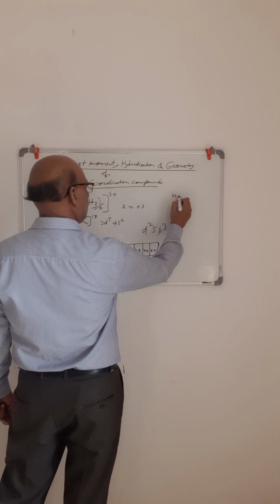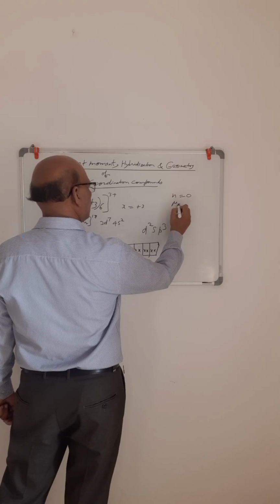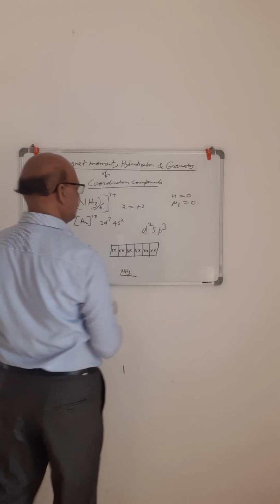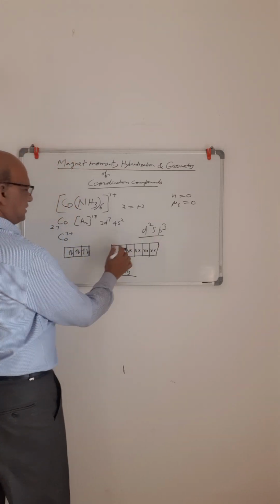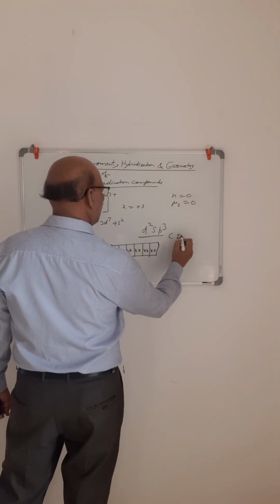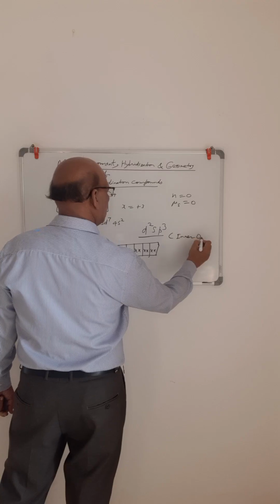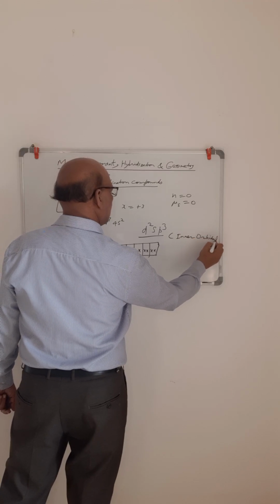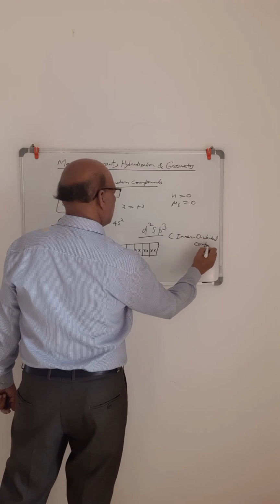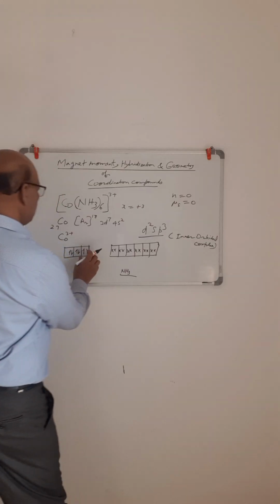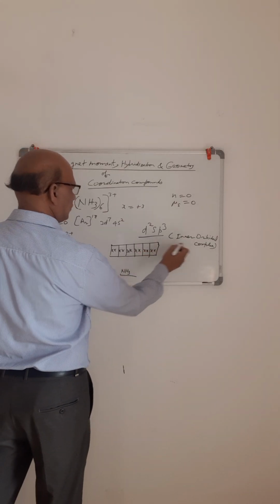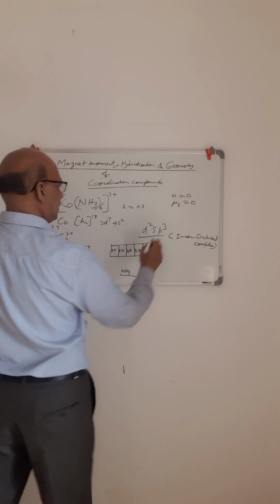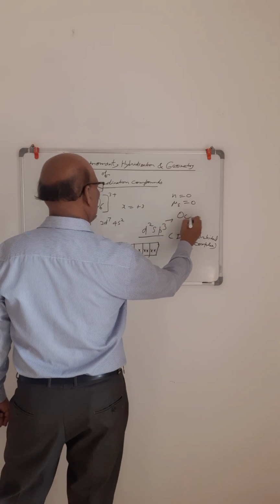So the number of unpaired electrons is 0. So spin only magnetic moment is 0, and the hybridization is d2sp3, and this is called the inner orbital complex because we have utilized the 3d empty orbitals for the hybridization. So it is an inner orbital complex and the geometry will be octahedral.